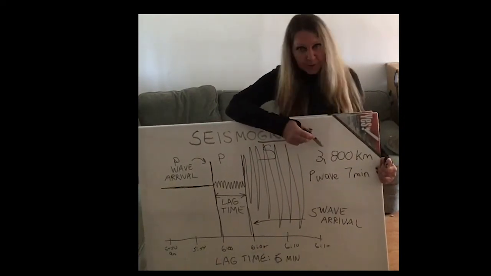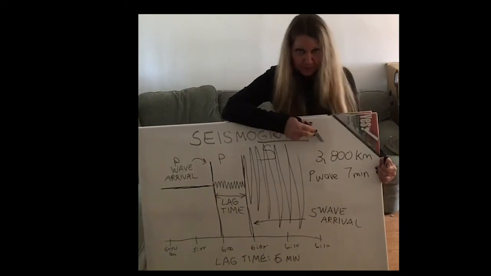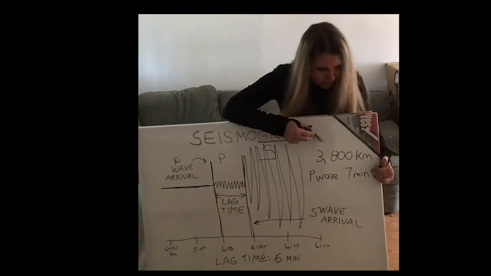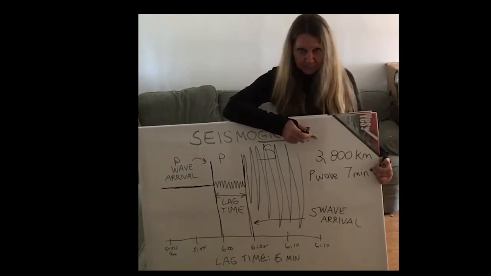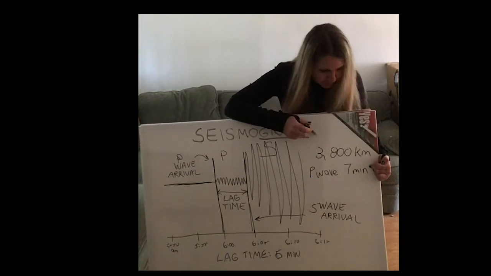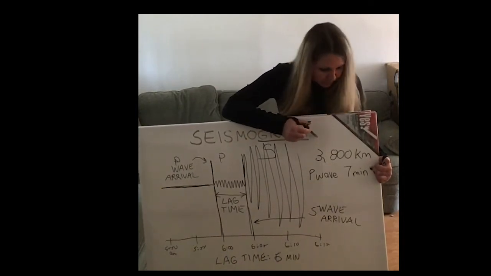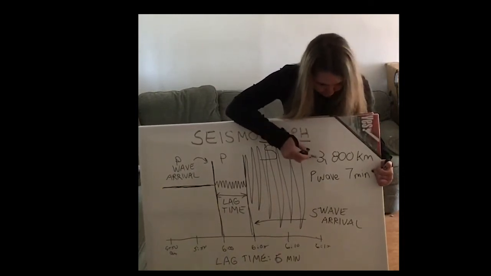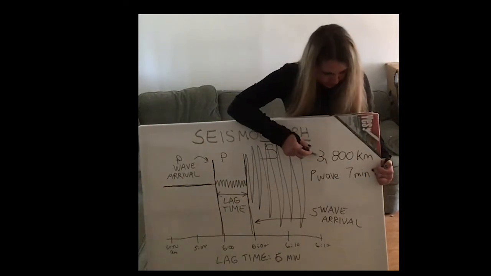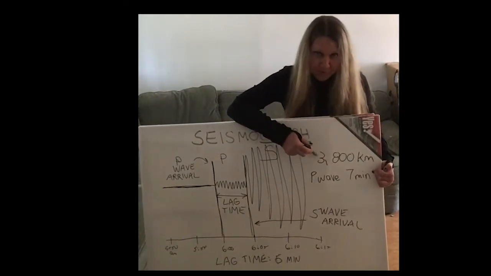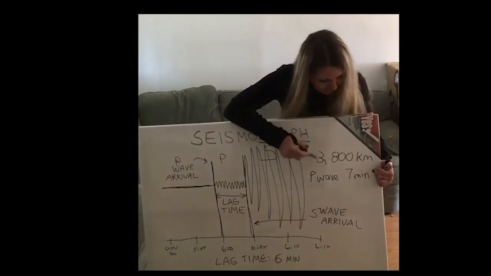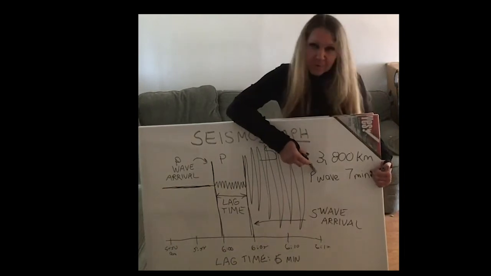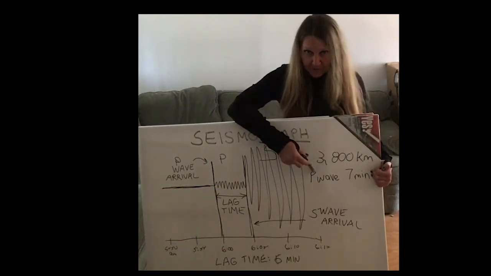Once we got the 3,800 kilometers, we used that S wave and P wave time travel chart again, and we lined it up with the P wave to figure out how long it would take for that P wave to go 3,800 kilometers. And we figured out that the P wave took 6 minutes and 40 seconds. So we're going to just round it up to 7 minutes.